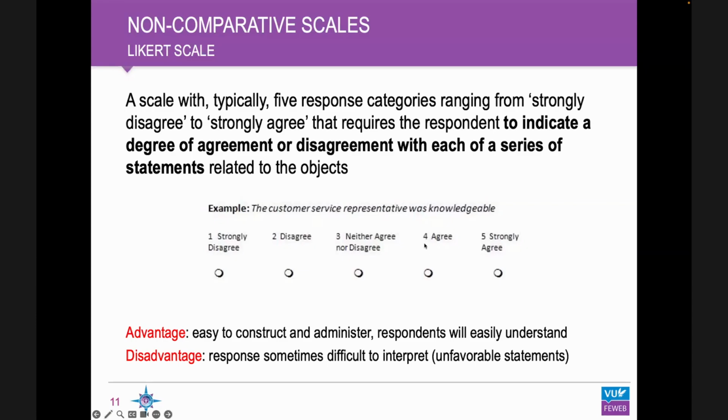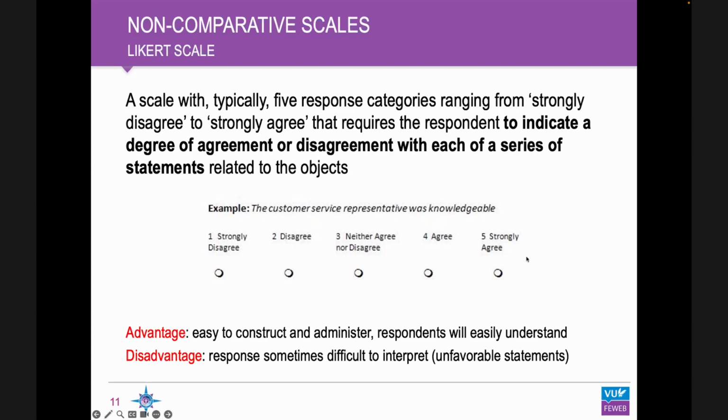The Likert scale is an itemized scale, right? You cannot choose any other option, but it is very important to observe that in a Likert scale, you will always have a scale of agreement. So this would always go from disagreement to agreement, or you can reverse it to agreement to disagreement, but it's always about agree, disagree.